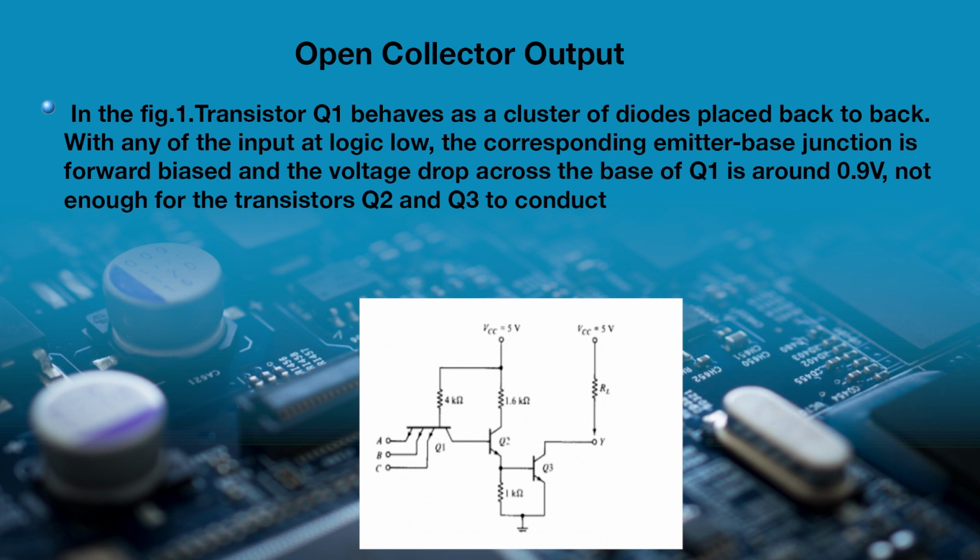With any of the inputs at logic low, the corresponding emitter-base junction is forward biased and the voltage drop across the base of Q1 is around 0.9 volt, not enough for transistors Q2 and Q3 to conduct. Thus, the output is either floating or VCC, the high level.